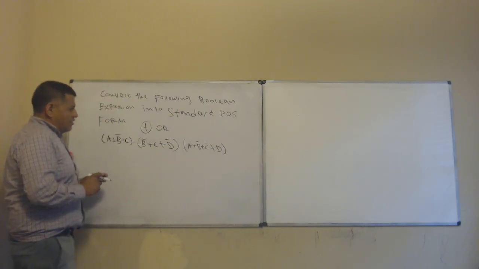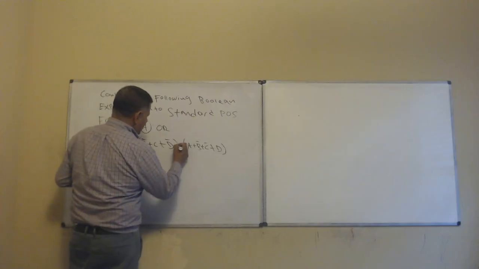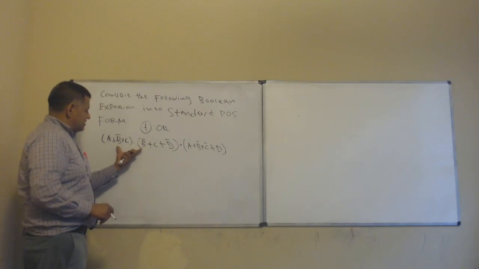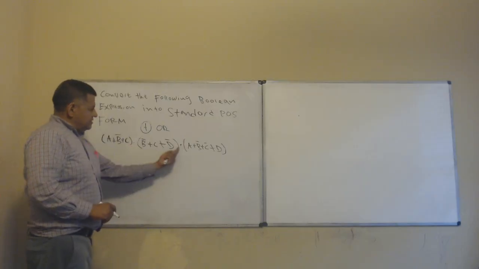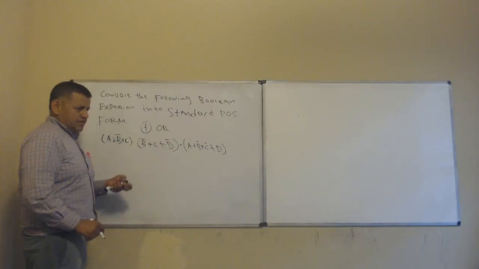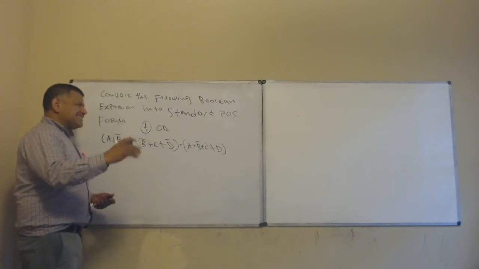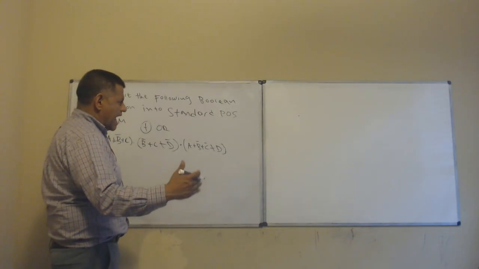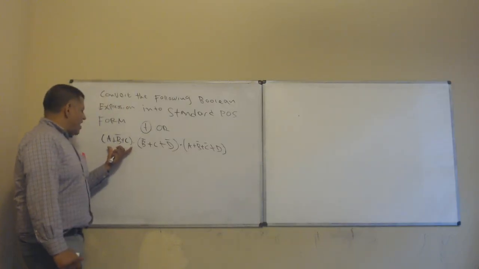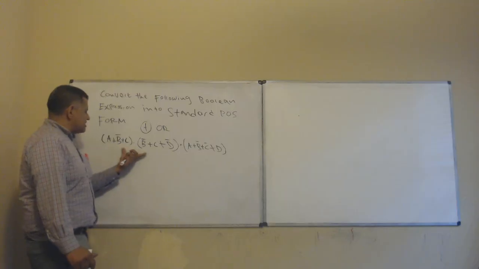What I was trying to explain right here is that notice that now instead of having the plus sign, I have a dot, like a dot product in between, which is called a dot operator, right? But technically it's an AND operator, right? Now, it's a product of sums, right?